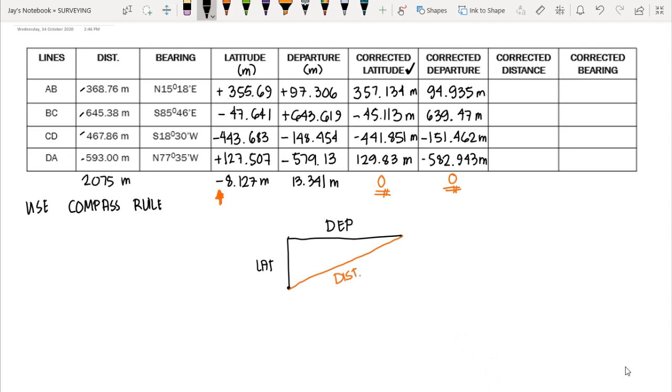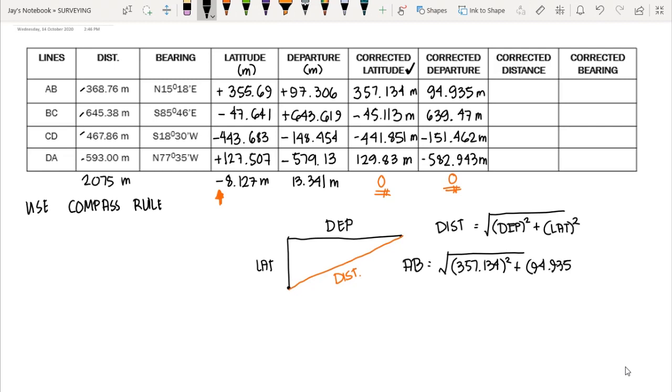By Pythagorean theorem, we have distance is equal to the square root of the departure squared plus the latitude squared. Okay, so for distance AB, we have the square root of the latitude 357.134 squared plus 94.935 squared.